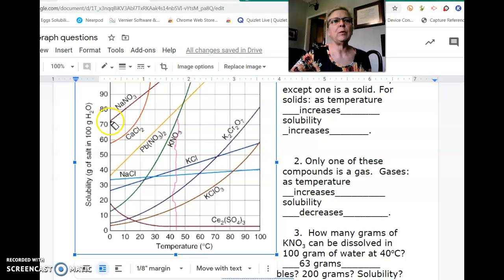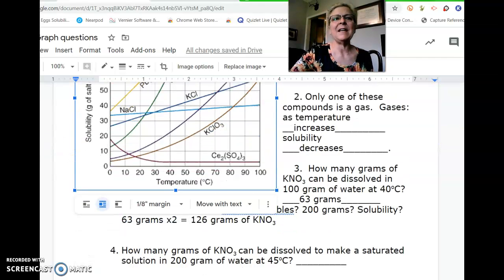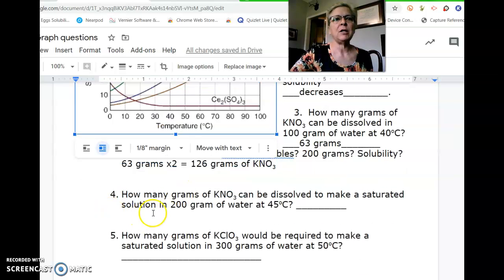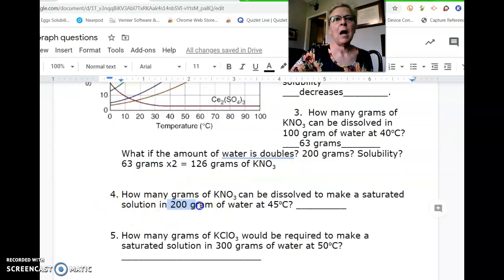And then I'm going to read across to the y-axis at 45, and I'm coming in with approximately 75 grams if I have 100 grams of water. Well, let's see if we can be clear here. If I have 100 grams of water, then 75 is my answer, but I don't have 100 grams of water. I have 200 grams of water.